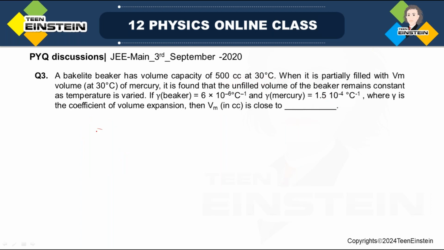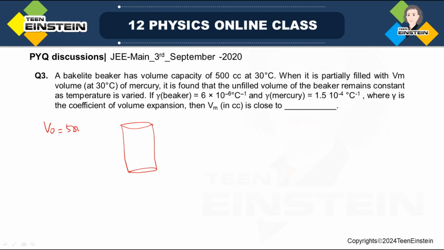Let me just do it properly. So there was a beaker, and it has an original volume V0 of 500 cc, which I am writing here.